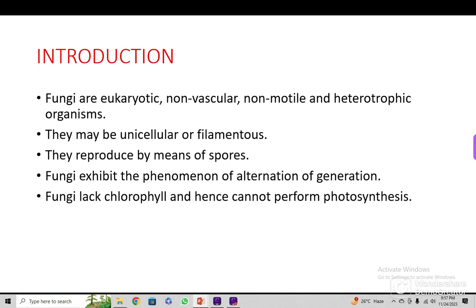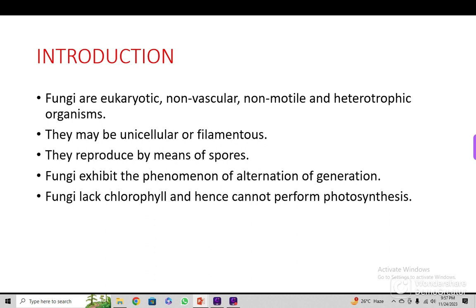They are dependent on the surrounding environment for their growth. They may be unicellular or filamentous, maybe just like a cell only, and maybe like filaments. They reproduce by means of spores to the other part of the surface. They will produce spores, which will spread and regrow.